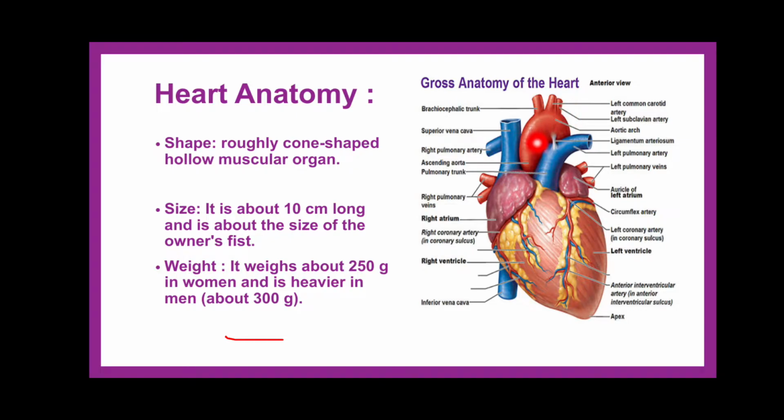The next feature is the pulmonary artery, which is joined with the aorta by the ligamentum arteriosum. This region is originating from the heart, from the right ventricle. This is the pulmonary trunk, which further subdivides into the left pulmonary artery and the right pulmonary artery.